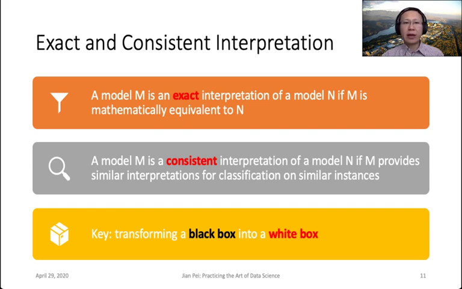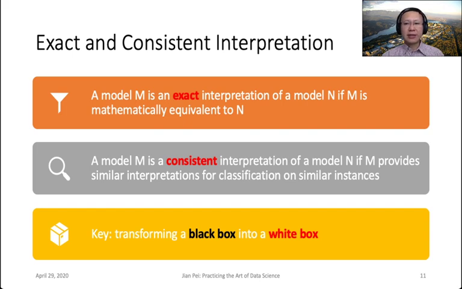Say we have two models, M and N. One model, M, is an exact interpretation of another model, N, if M is mathematically equivalent to N. We use the mathematical equivalence to build a connection between M and N. Because they are mathematically equivalent, those two models will behave exactly the same.